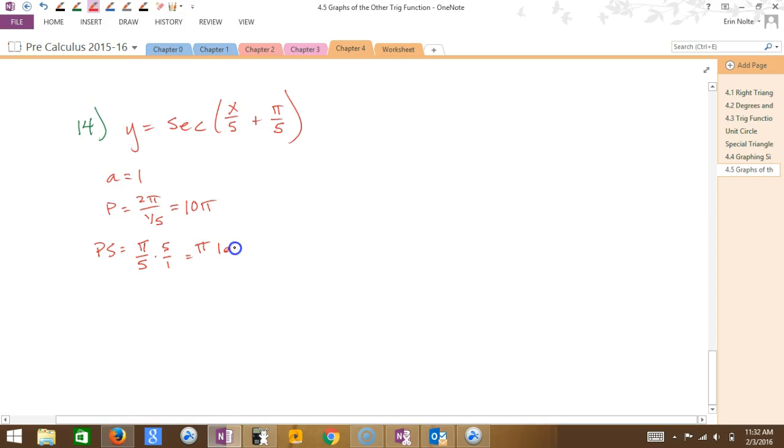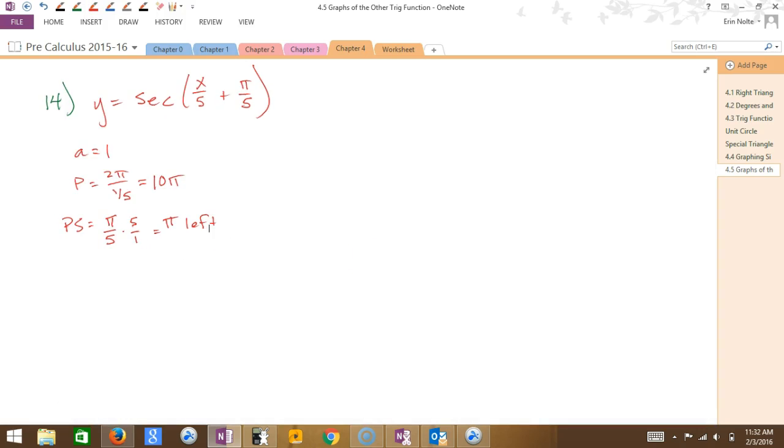Okay, so period is 2 pi over b, right? So if you're looking at the x, you see x over 5, and dividing by 5 is the same as multiplying by 1/5. Good? Okay. So everybody good with phase shift too? It's pi to the left. Good? Check? Okay. Here we go.